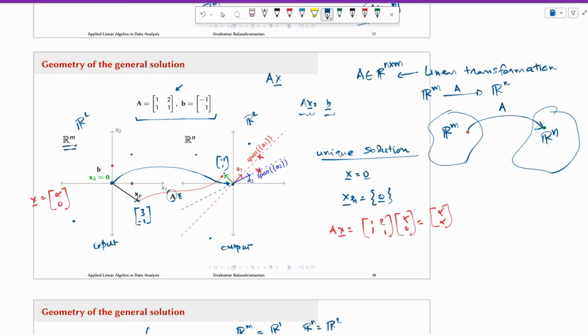But the column space is what all can I reach on the output side? Because it's full rank, every point here gets mapped to a unique point here. In fact, the column space here is all of R2. So here you can reach every point in R2. That means the column space is all of R2.